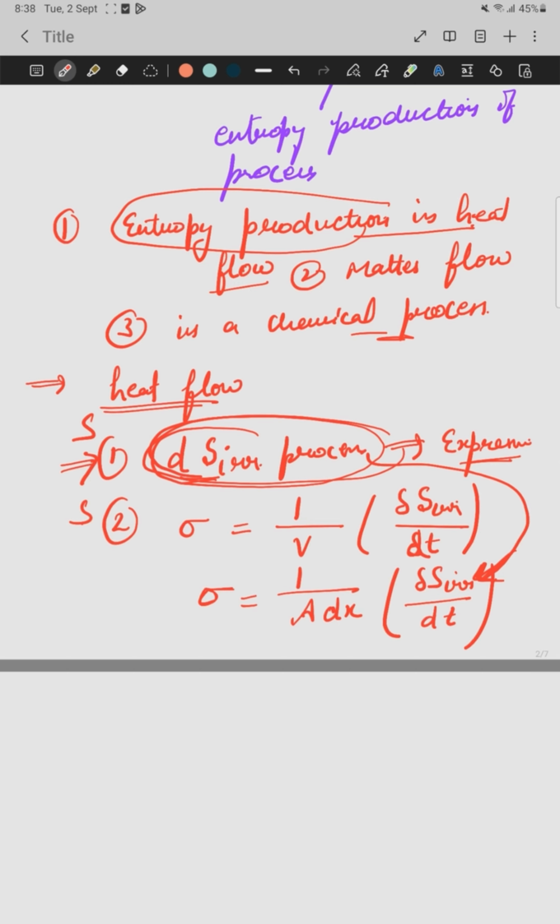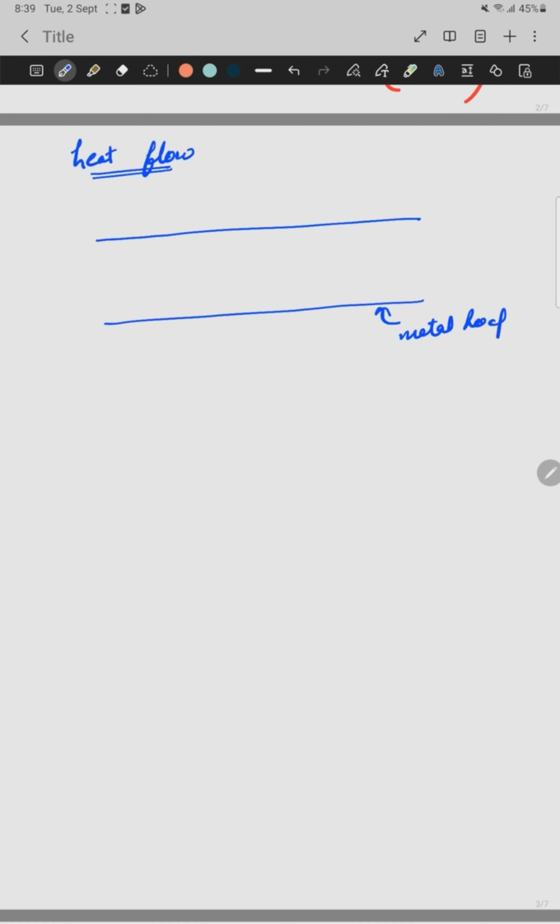So let us start from the heat flow. In the heat flow we will consider a system. Let us suppose we have a metal rod, and we select any two regions of this metal rod.